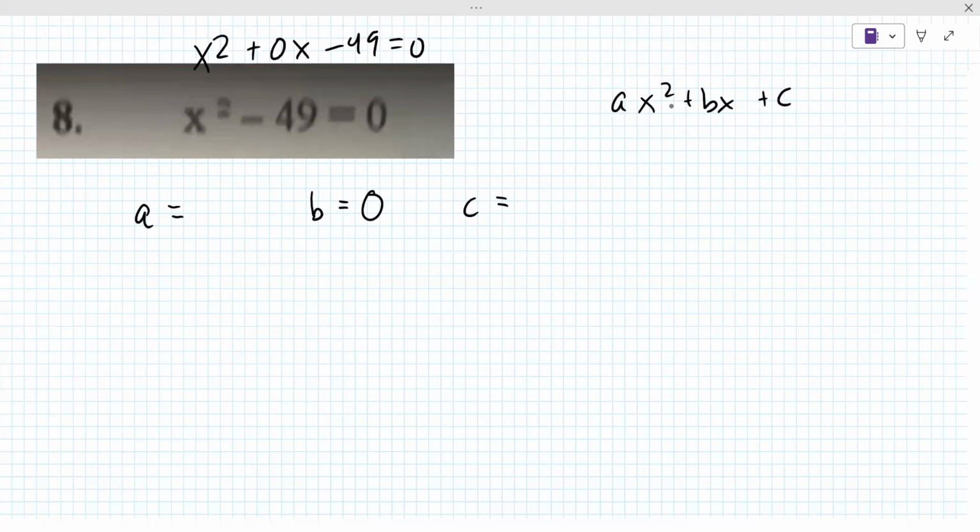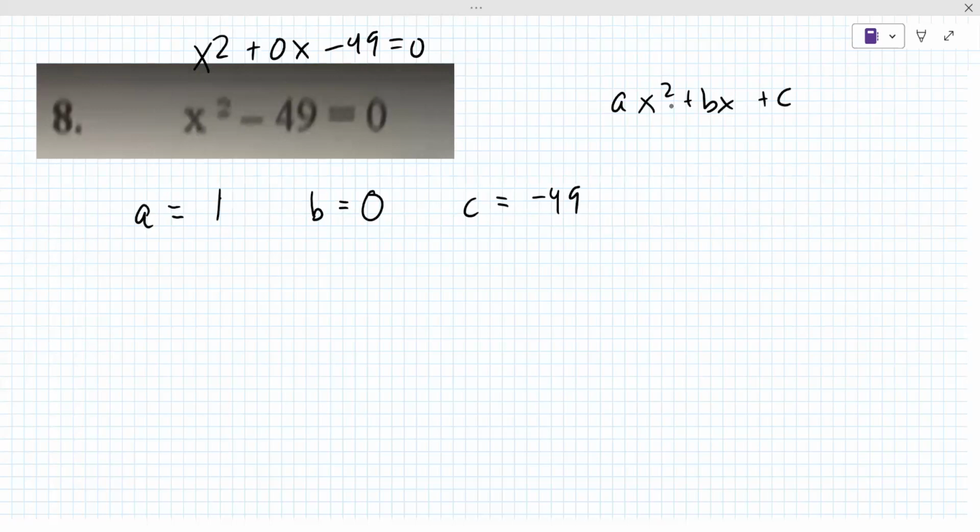And what instructors like to do, teachers like to do, is they like to give you a problem that really should not be solved using quadratic formula, and then they ask you to solve it using quadratic formula. So a is 1, c is minus 49.